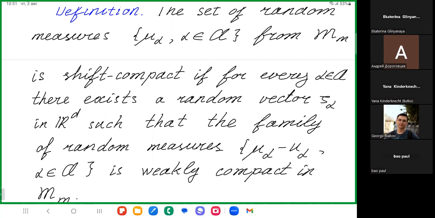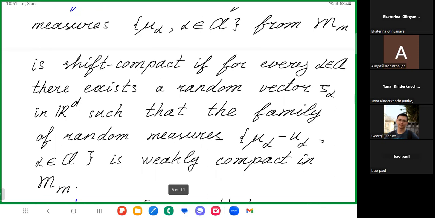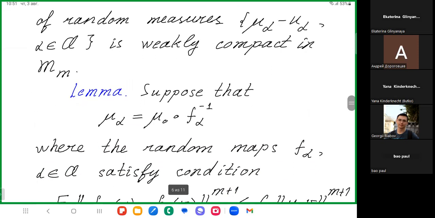We will not look for a general case of an arbitrary family of random measures, but we consider the case which is closely connected with the equation with interaction. One possible way to make such a connection is to consider a special family like this.